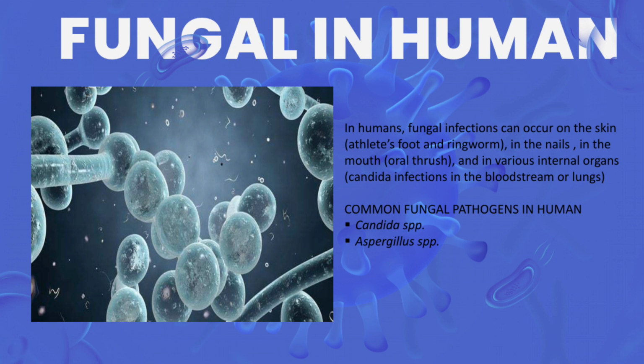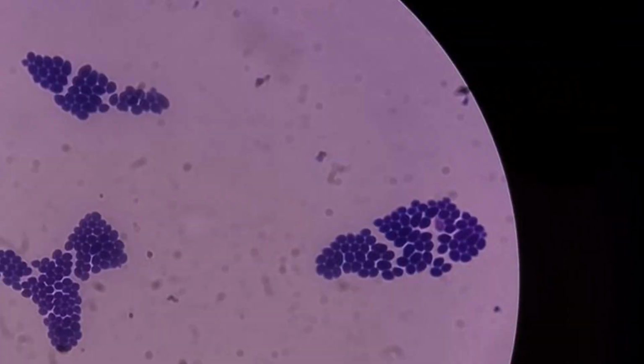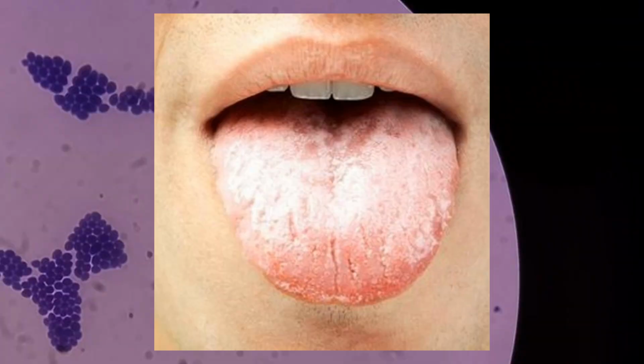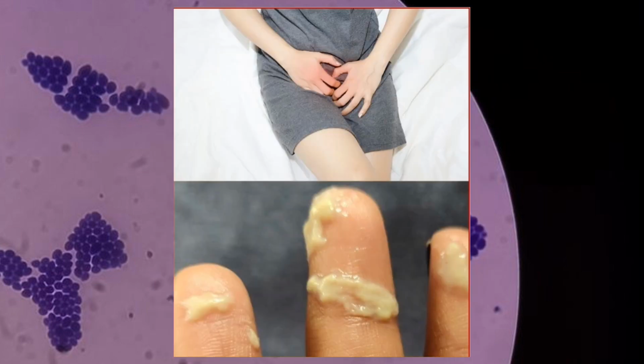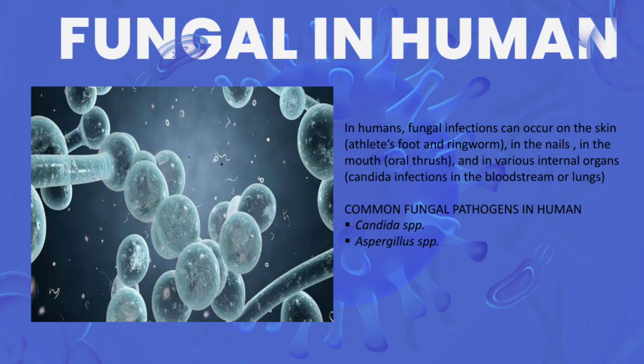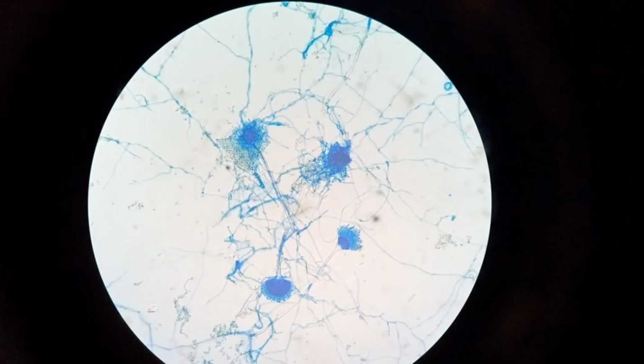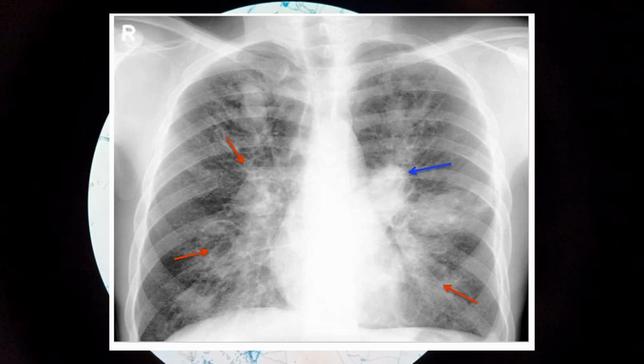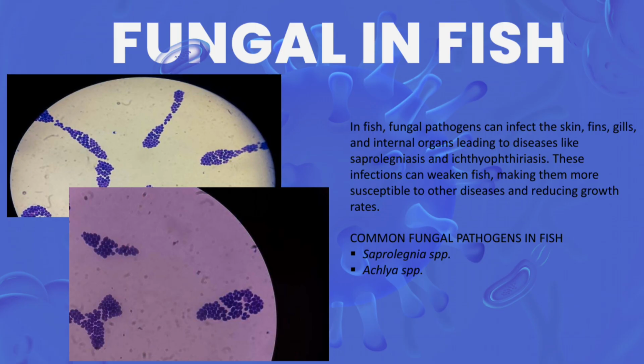Common examples are: first, Candida spp., which causes infections like oral thrush, vaginal yeast infections, and cutaneous candidiasis. Then we have Aspergillus spp. These infect humans, particularly those with weak immune systems, and can cause invasive aspergillosis, allergic bronchopulmonary aspergillosis, and aspergilloma.